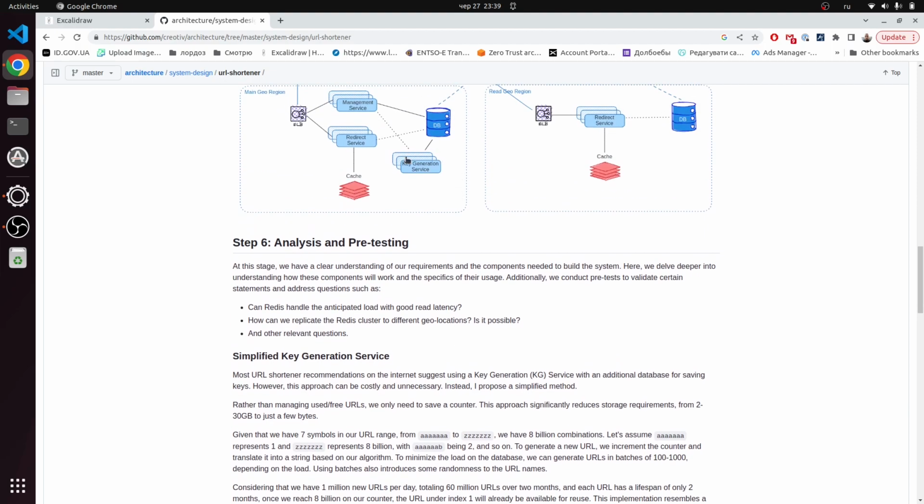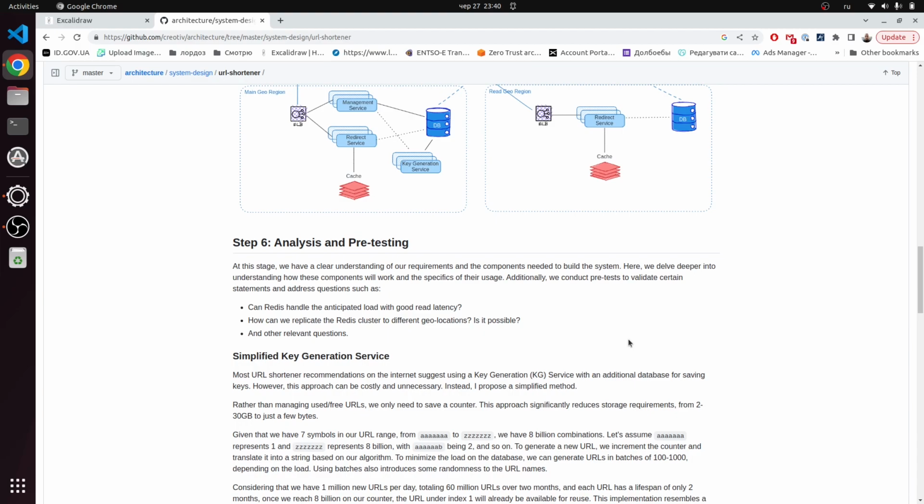For example, about the key generation service, how it can look like. Most solutions on the internet suggest creating an additional database for that service that will handle free usage URLs. It's about 2 to 30 gigabytes of memory that may be used.